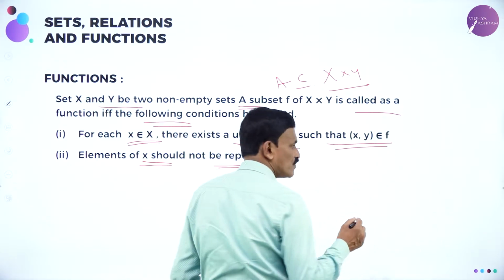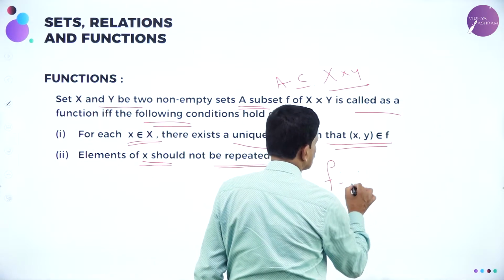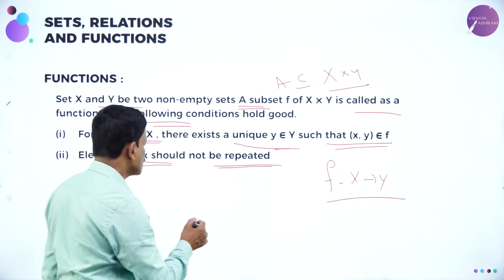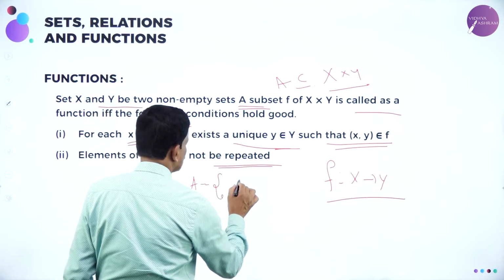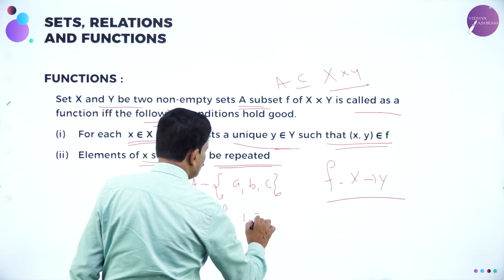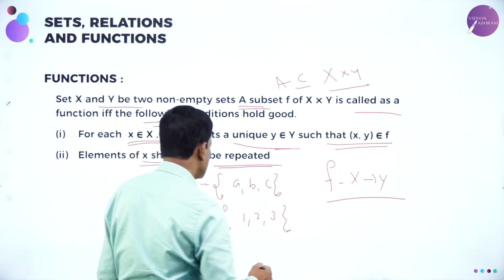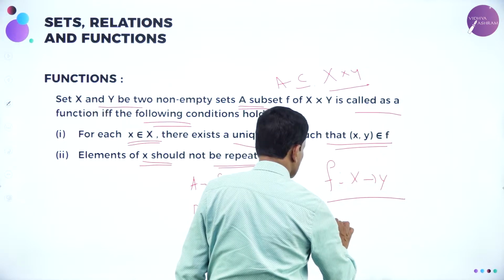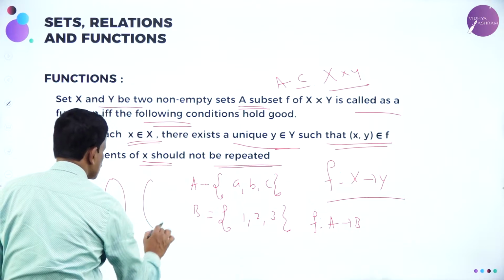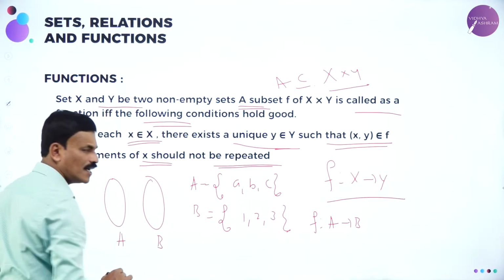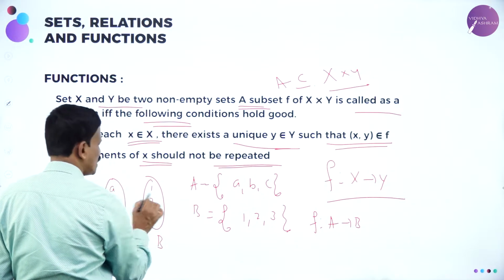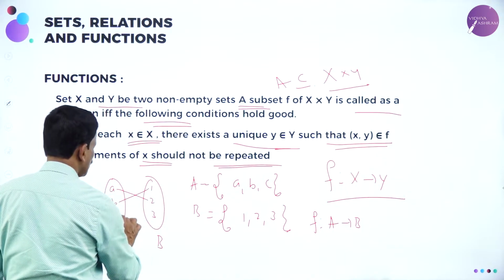So the function f from X to Y is denoted as f: X → Y. Now let us consider an example. Suppose set A contains a, b, c and set B contains 1, 2, 3, and the function f from A to B. Let us map a to 2, b to 1 and c to 3.